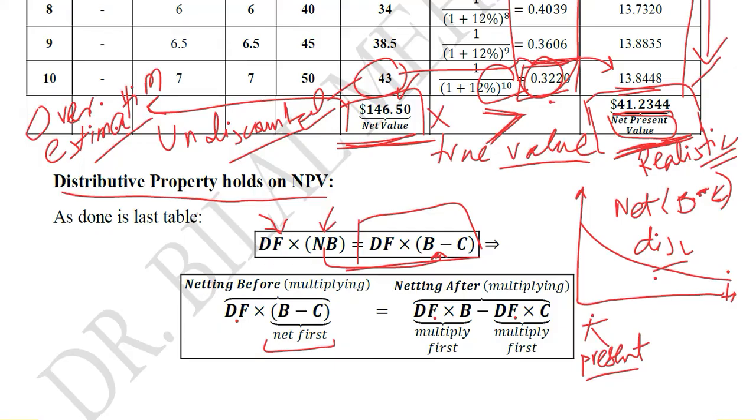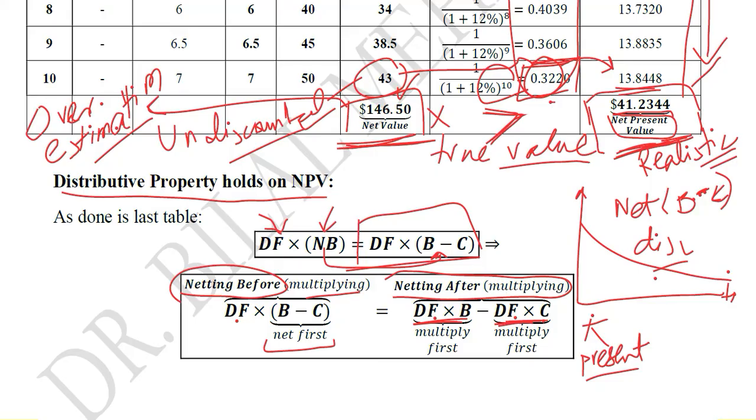Whereas here both of these terms, they will be multiplied here and then here, and then they will be taken a difference, and then the net effect will be taken. So in suitable terms I can say that here netting is before multiplying, we are taking the difference first and then multiplying, but here netting is after multiplying, that is we are taking the difference, but primarily we are multiplying these two values and then we are taking the net effect or taking the difference.